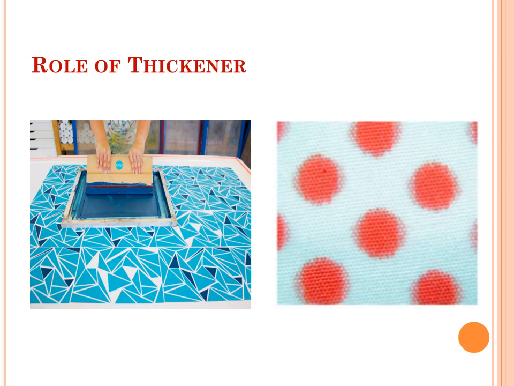So the dye has spread beyond the boundaries by capillary action, or else during steaming, if the appropriate amount is not extracted by the thickener, if it is extracting more condensed water, this problem may arise. So these are the two probable reasons for spreading of the dye beyond the boundaries: improper viscosity of the print paste, as well as no control over pickup of the condensed water during steaming. I hope the role of thickener is clear.